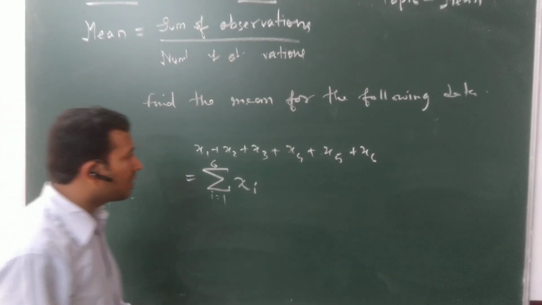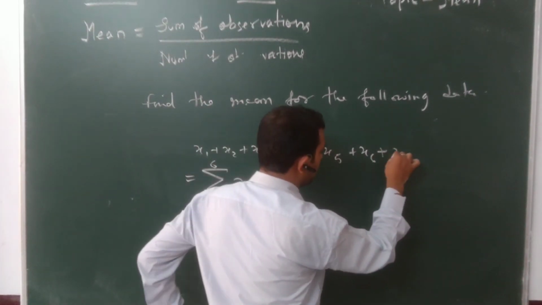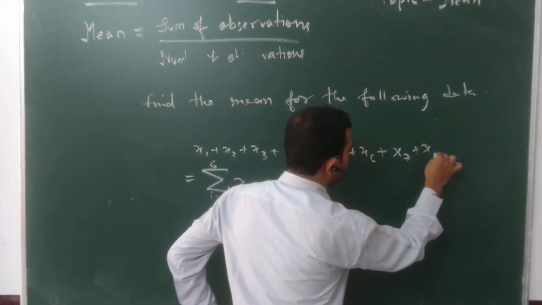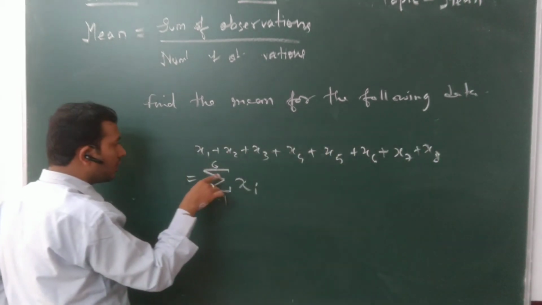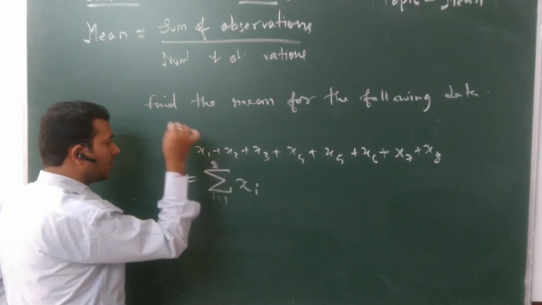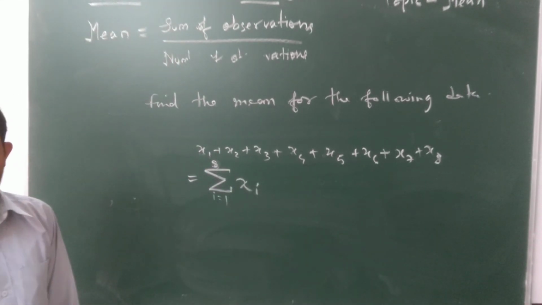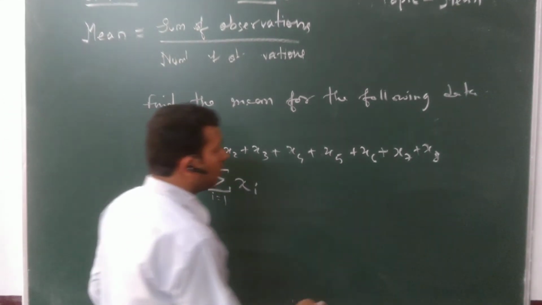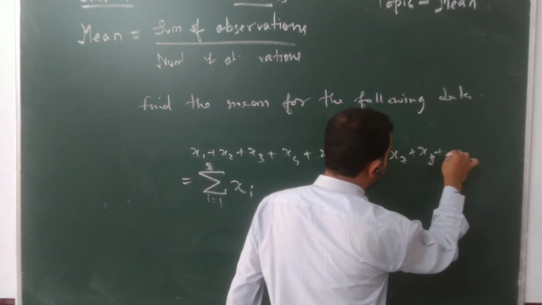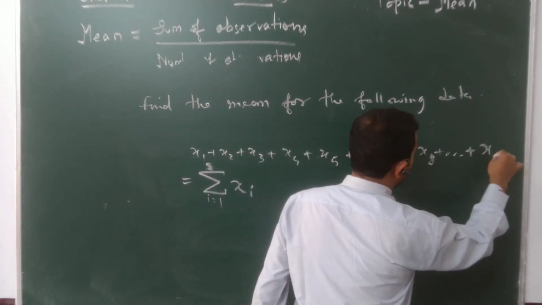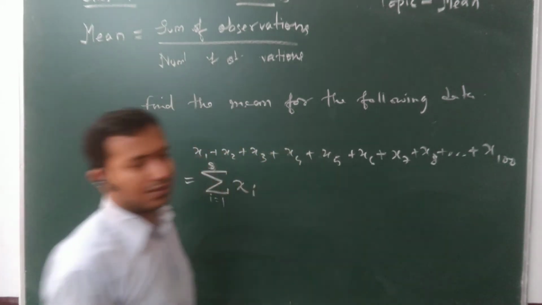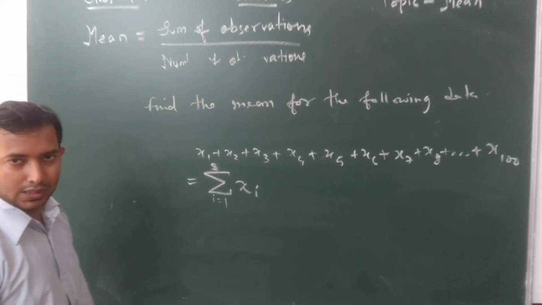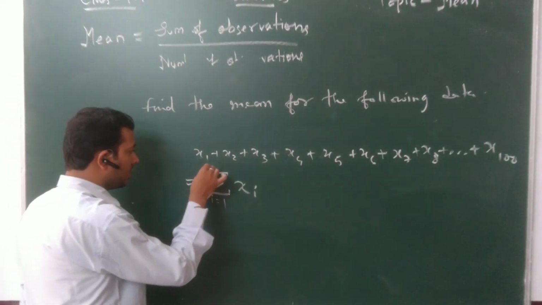If we proceed for more than this, 7 or 8, then we just need to change the top number here. It will be 8. Now, if you increase it and put 3 dots and write x sub 100, we call it x sub 100. So it will change here.